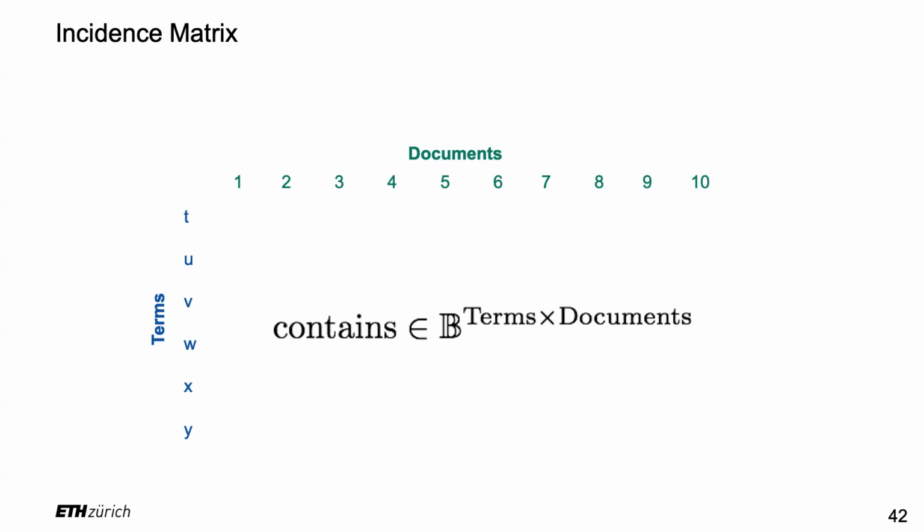Okay, many of you know it, right? So when you have b to the power of a, it means the set of functions from a to b, right? Very convenient notation. All right, so b to the power of terms and documents. And so if you want to know how many zeros and ones these are, then it's 2 to the power of terms and documents, right? All right, to the multiplication of terms and documents.